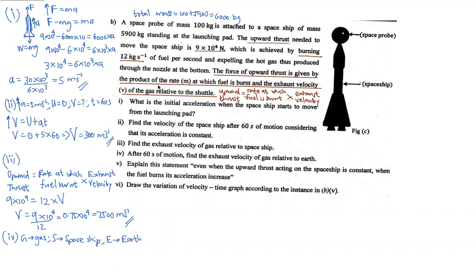Okay, we have done relative velocity, and I hope you can remember how to write those equations. The question is, what is the velocity of gas with respect to Earth? That is going to be the velocity of gas with respect to spaceship minus the velocity of spaceship with respect to Earth. This is the equation, no?